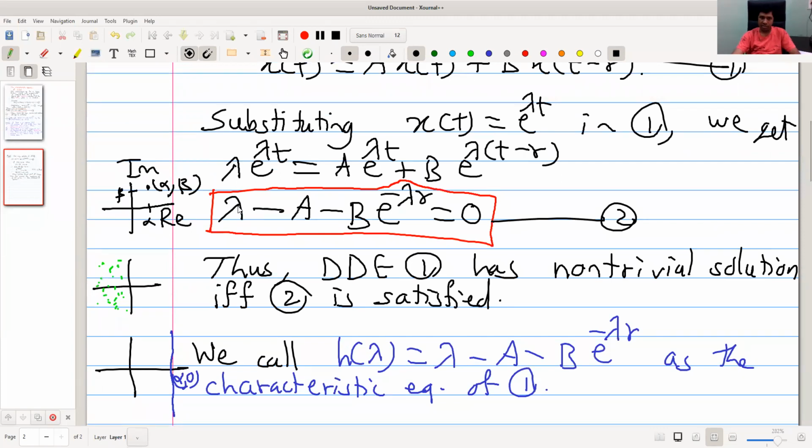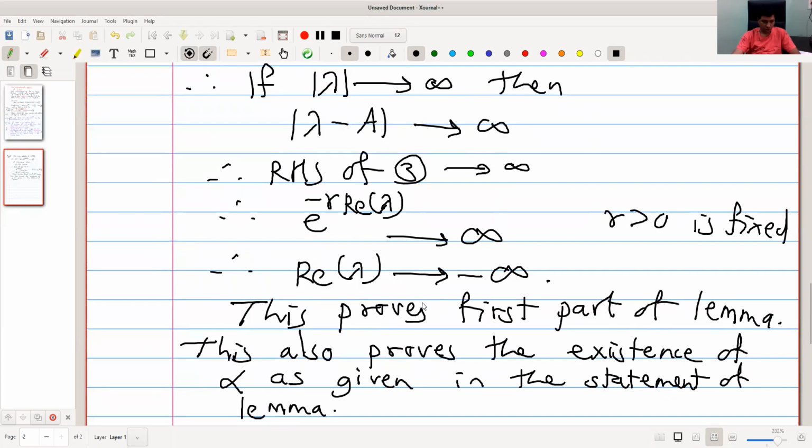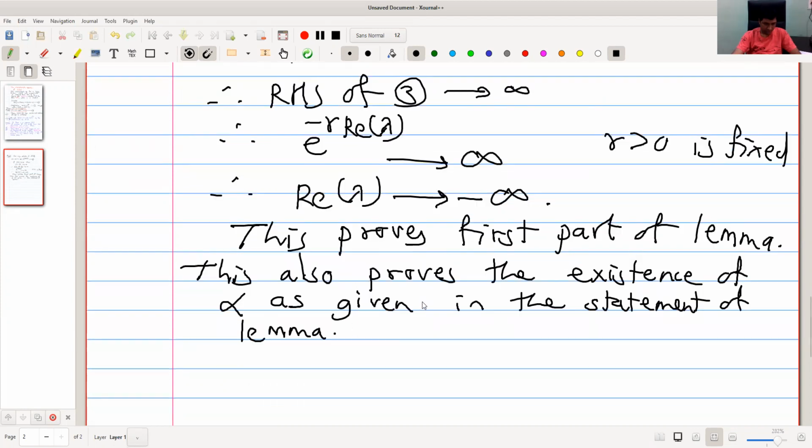It is lambda minus a minus b into e raised to minus lambda r. So this is an entire function, and if we consider any vertical strip here, then it is compact.